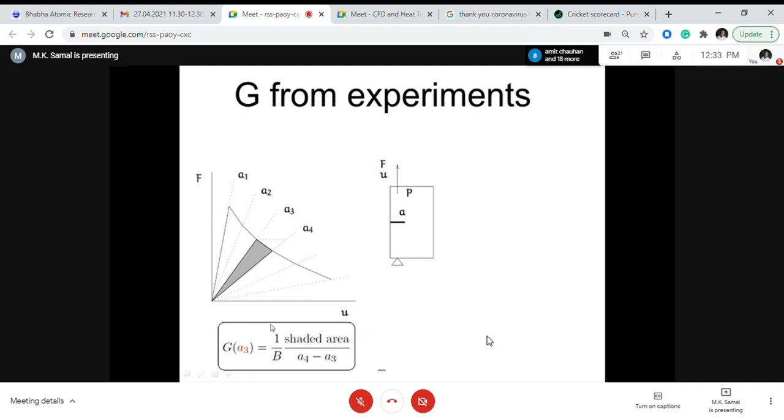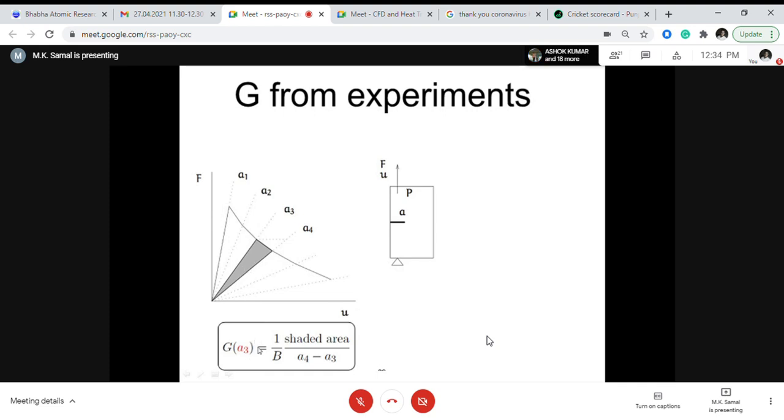Now, Griffith told that we can calculate this by the following method. Suppose you want to calculate the energy release rate, or you can say the resistance G at crack length a3. That means from a3 to a4, how much energy is released? This shaded area is the energy released when the crack is propagating from a3 to a4.